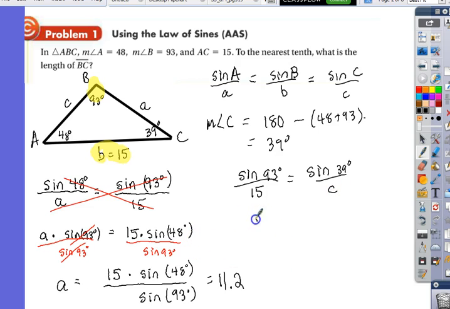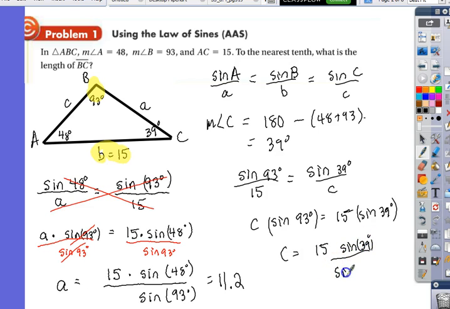And then if I cross multiply, that's C sine 93 equal 15 sine 39. Oh, wow, that's not going to mess anybody up that they're backwards like that. And then C is equal to 15 sine 39 over sine 93.